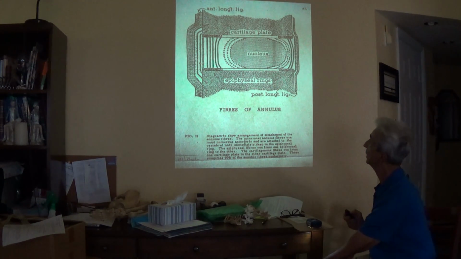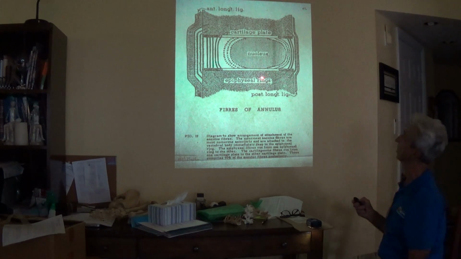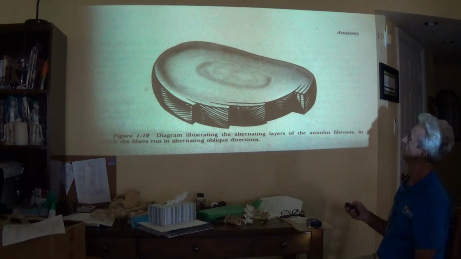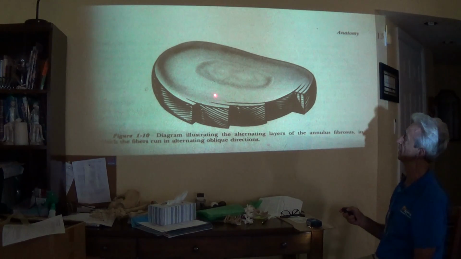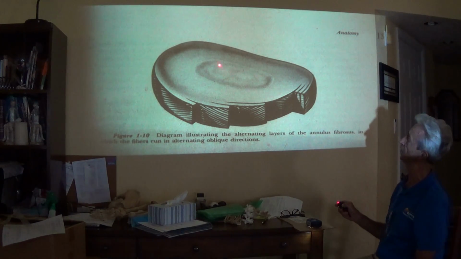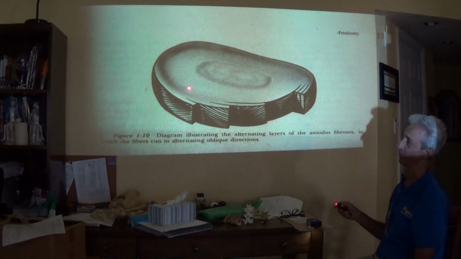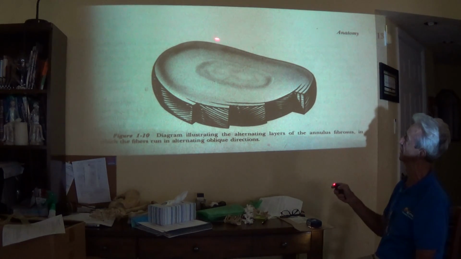So this is, like I said, the relative anatomical structure of the disc. And if we take a disc out and look at it, you have your annulus fibrosus and your nucleus pulposus, and the annulus is made up of, I think, 14 or 16 annular rings.